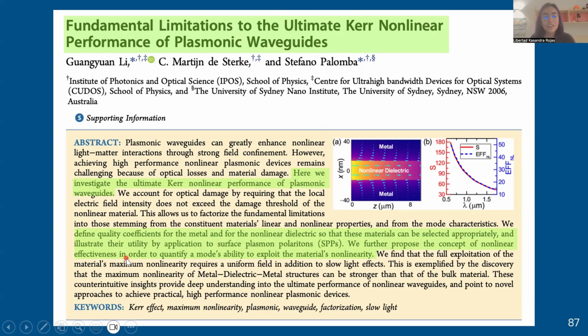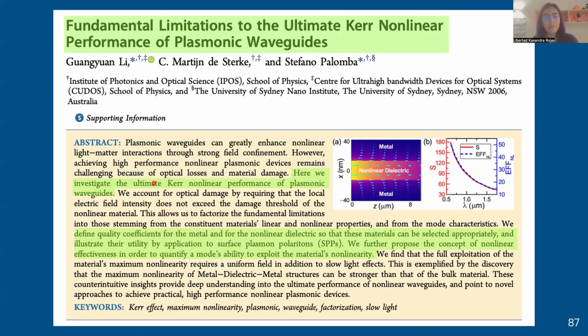So they're gonna give us a parameter, if you want to think about it that way, that is gonna tell us how good a mode's ability is, in this case a plasmon mode, and in general the structure of our plasmonic waveguide, how good is it when it comes to exploiting nonlinear materials?